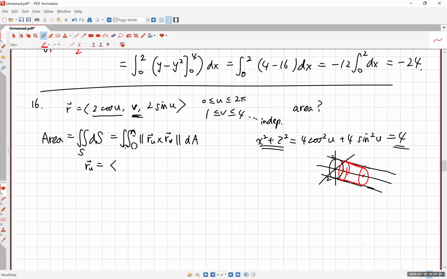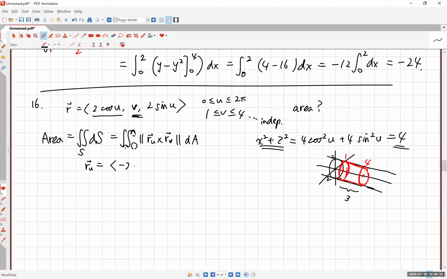And so now, this is the finite circular cylinder, and that's the surface area. We're looking for the surface area of this cylinder of length 3, right? Okay, so that done, let's go ahead and find R_U cross R_V.